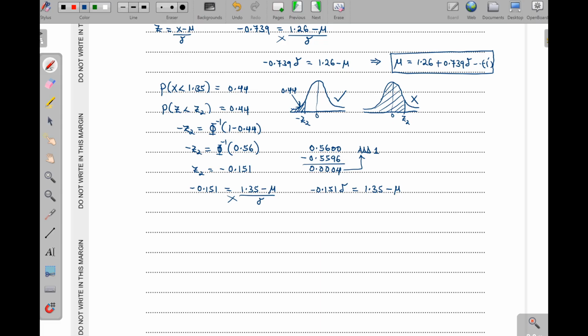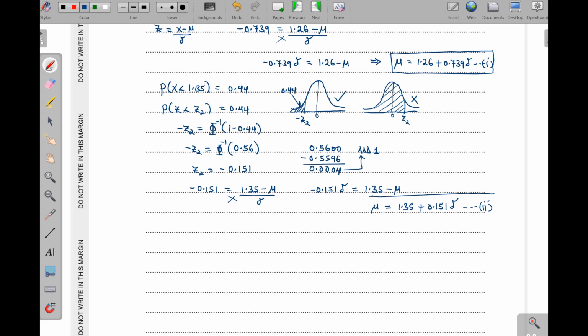Okay? Now, from here, I can make mu the subject, so bring it here, take this one this side, right? So we can have negative mean is equal to 1.35, then plus 0.151, then times the standard deviation. Then this is Roman 2.